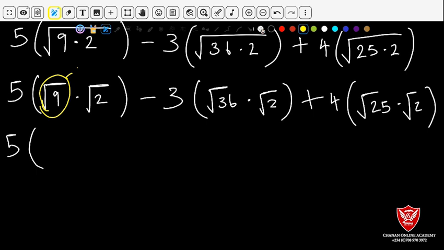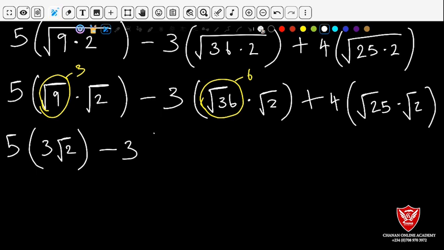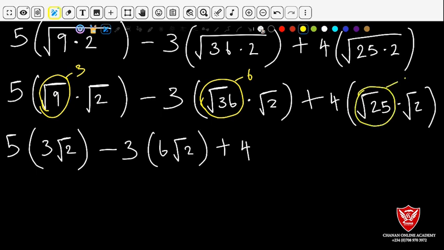Now it becomes 5, open bracket. Root 9 is equal to 3, and 3 multiplied by root 2 becomes 3 root 2, minus 3. Root 36 is equal to 6, and 6 multiplied by root 2 is 6 root 2, plus 4. The root 25 is equal to 5, and 5 multiplied by root 2 is 5 root 2.